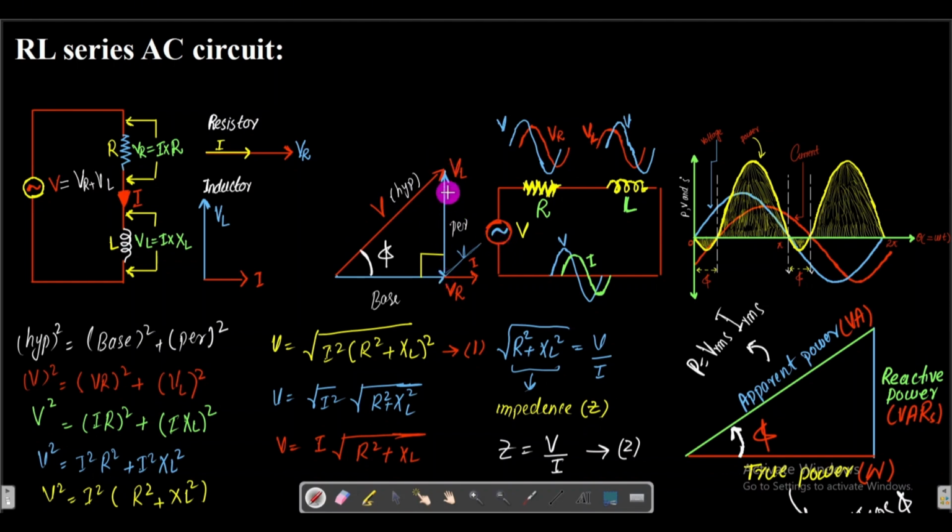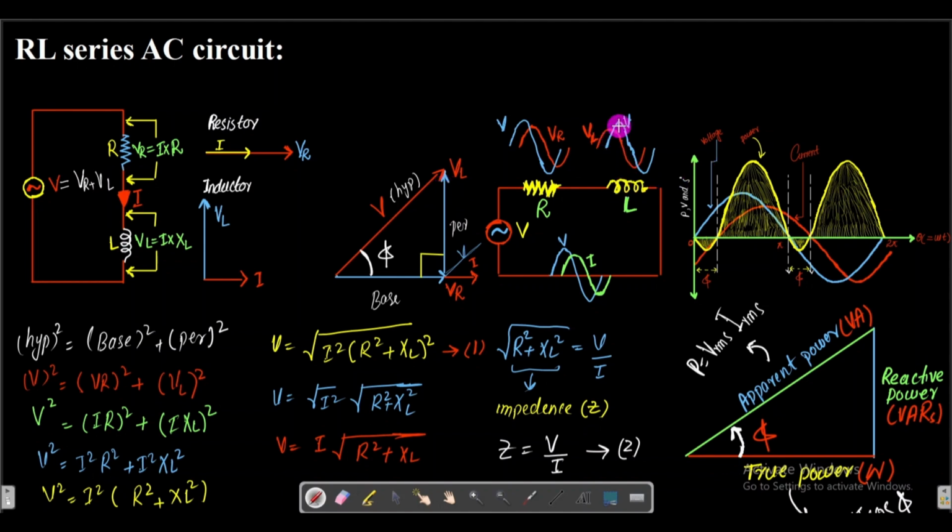Okay, and this is actually the voltage of the inductor, and that voltage of the inductor will lead this total voltage which is provided to this circuit. So here this is lagging behind that.